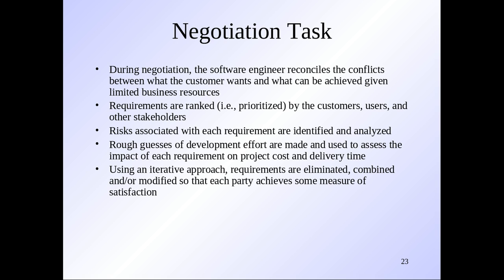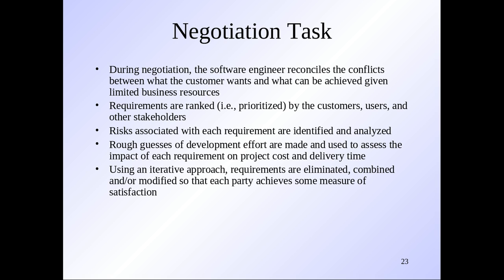Because the software engineer reconciles the conflict between what the customer wants and what can be achieved given limited business resources. That means we have to understand the exact technical and financial details with your business resources. The requirements are ranked by the customer, user, and stakeholder.